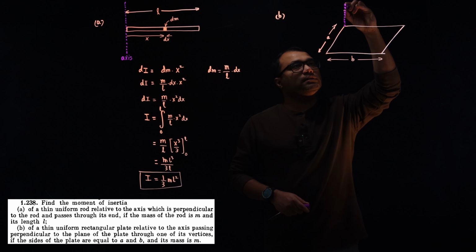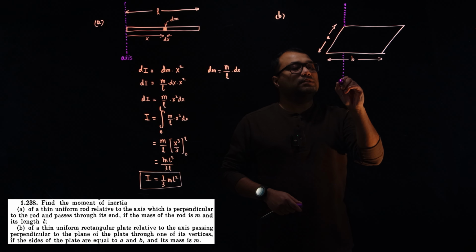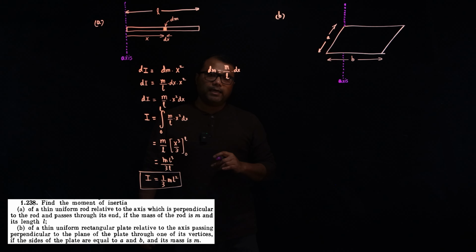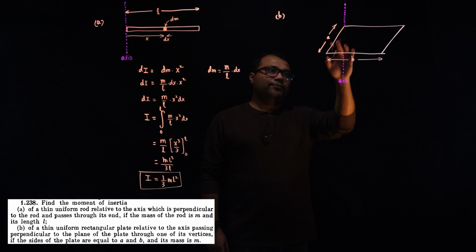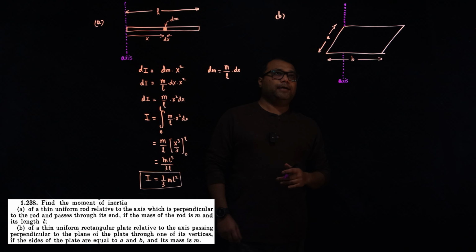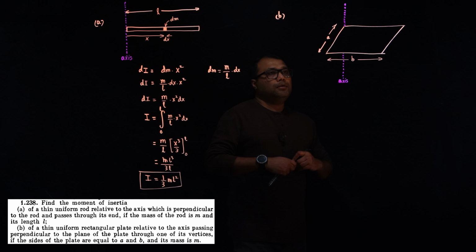So let's say this is the axis. It passes through one of the vertices. We have to find the I of this laminar rectangular plate about that axis. Okay. How do we do this?